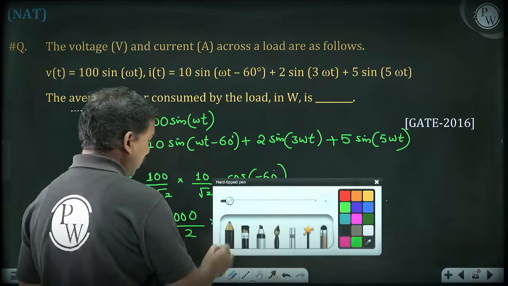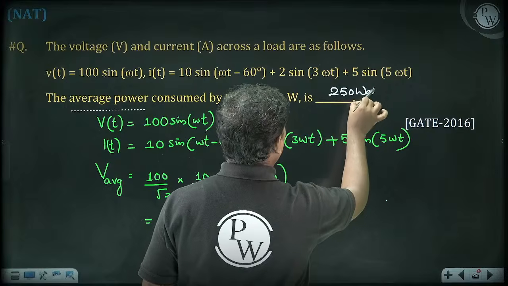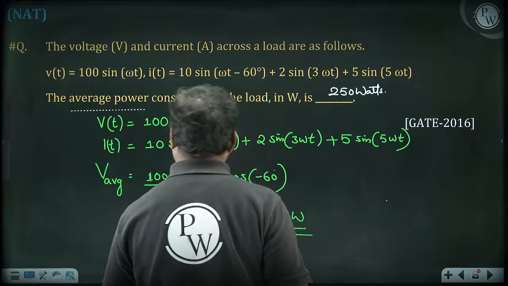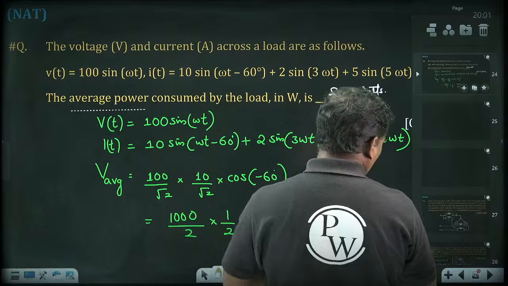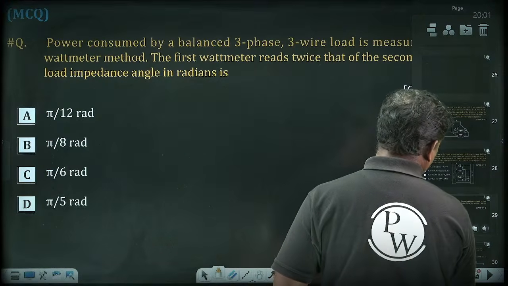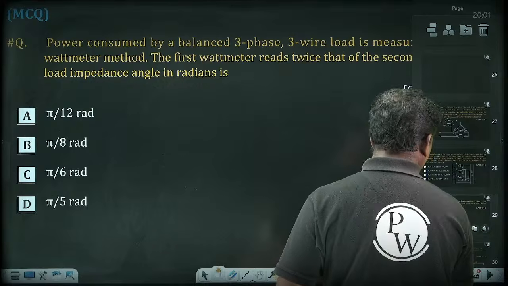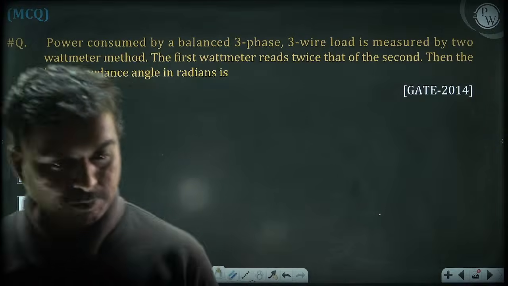How much does the answer come to? 250. So we have to take V RMS. Okay, now let us go for this question. Answer this question. Make it fast.